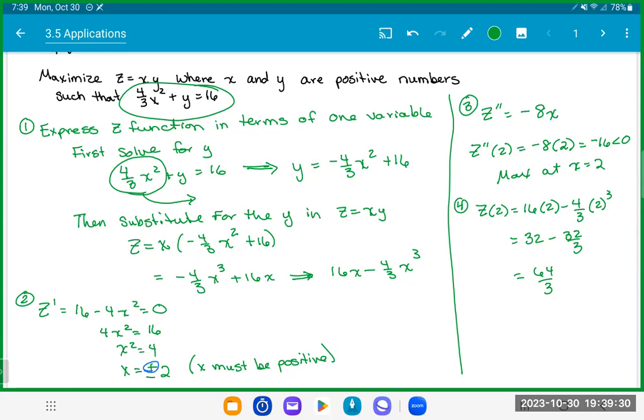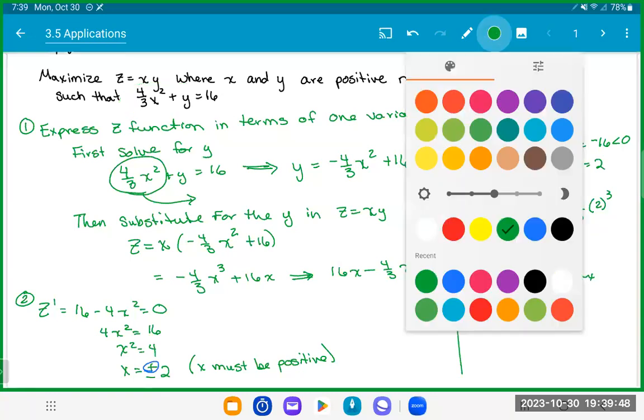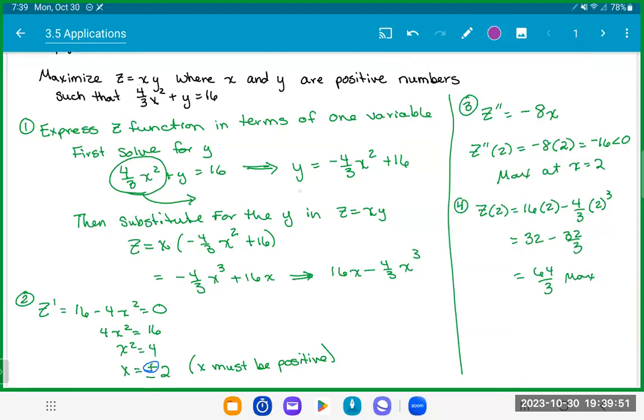So in this case, this is our maximum objective value. When we plug the 2 back into our y equation, y equals negative 4/3 times 2 squared plus 16, that will give us a value of 32/3.